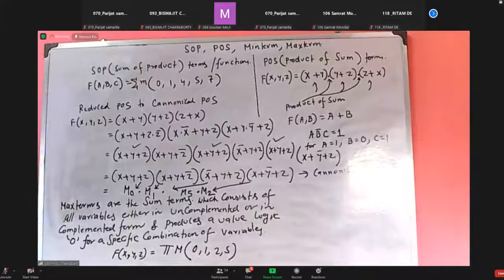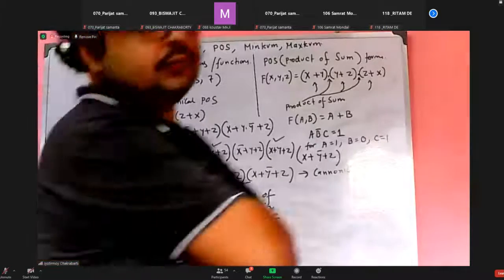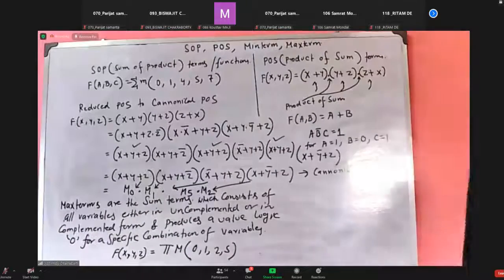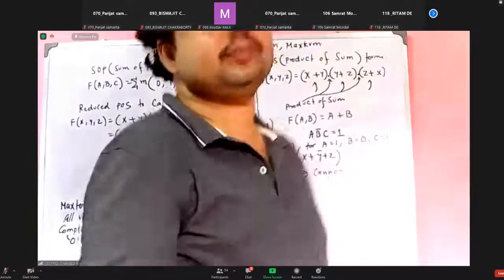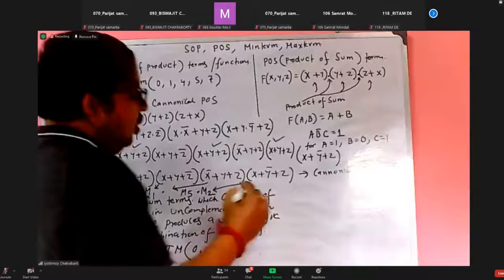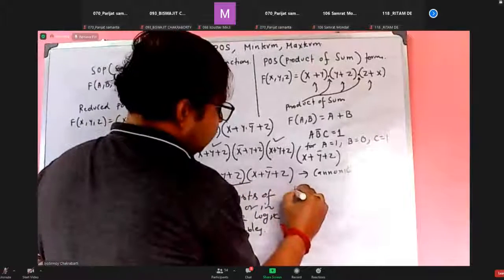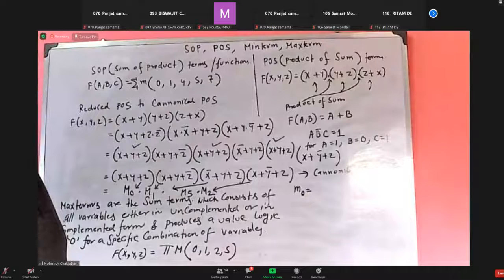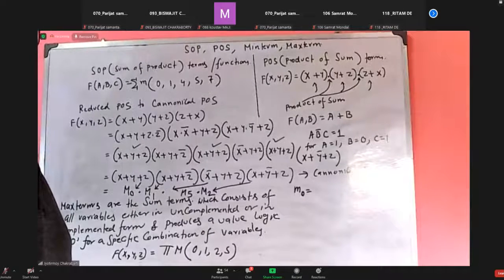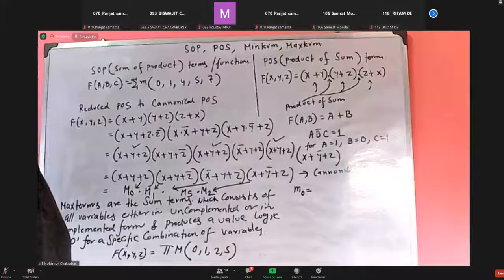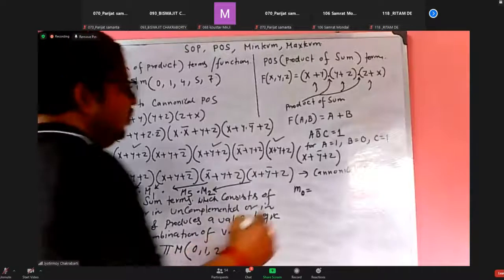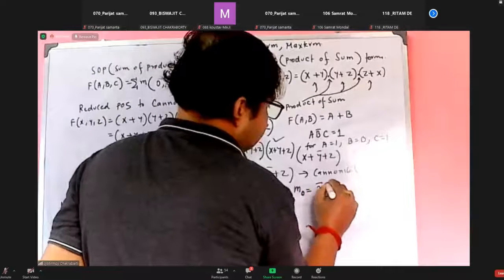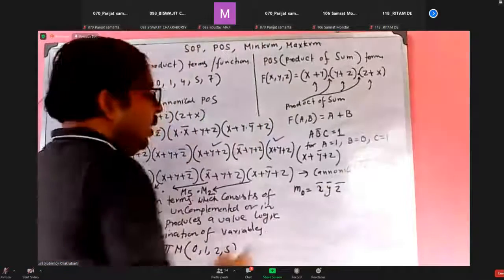Now, what have you learned, what is small m0? Minterm. Say in terms of xyz, what will be the expression? X bar, Y bar, Z bar. What is capital M0?